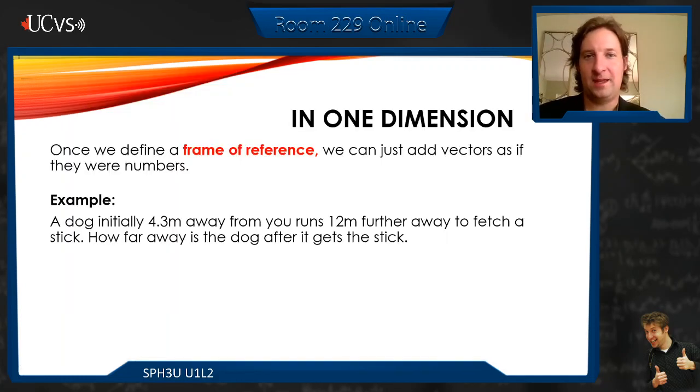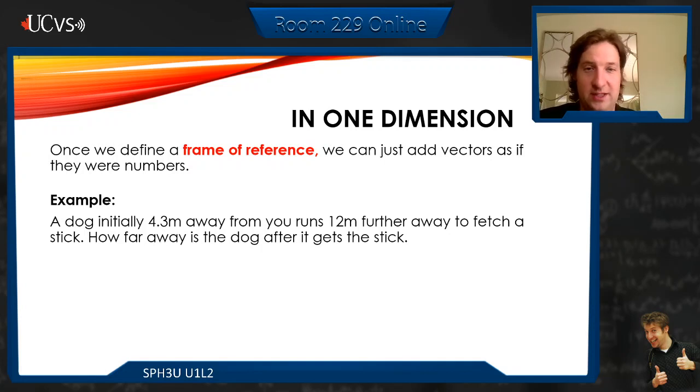Okay. So let's talk now in terms of one direction, in one dimension, sorry. Once we've defined a frame of reference, vector addition is very simple, okay? If you define a frame of reference, like putting a meter stick down with a 0 point on it, vector addition is just adding like regular numbers.